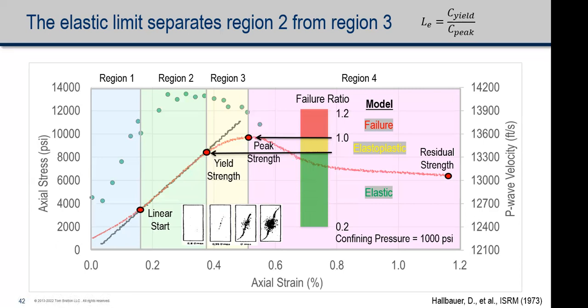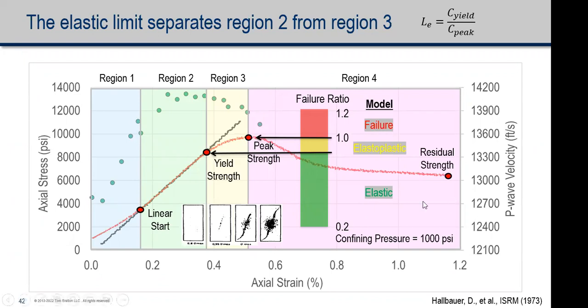And what I find is that because Thomsen parameters are ratios of slownesses or velocities, they are more independent of this dynamic to static, simply because it kind of cancels out.